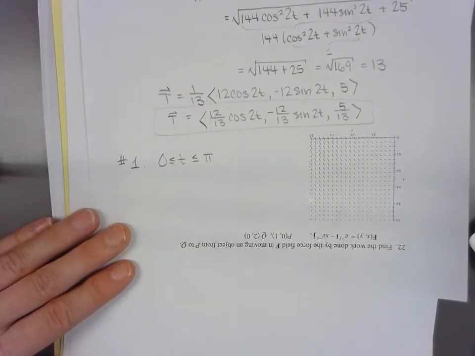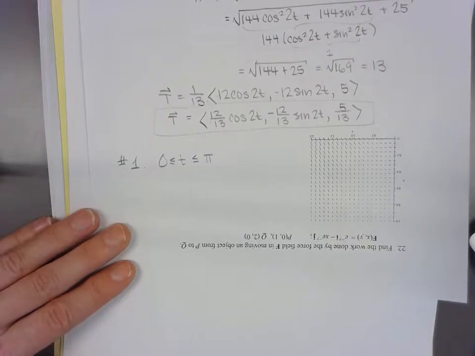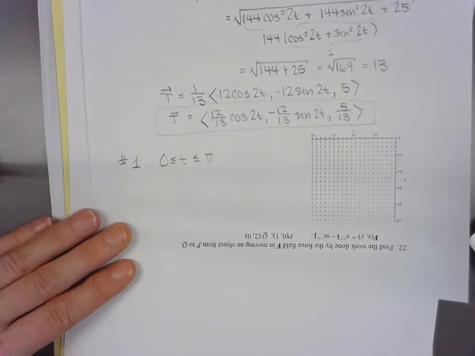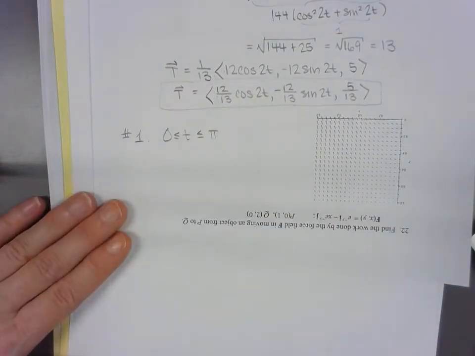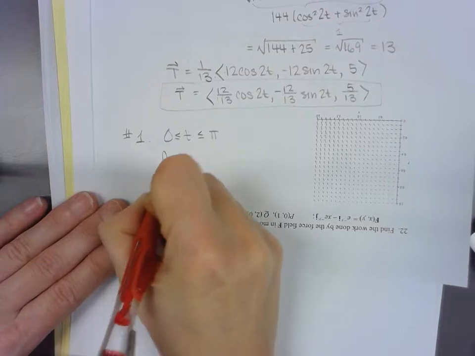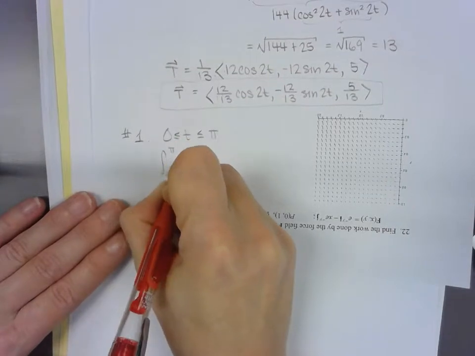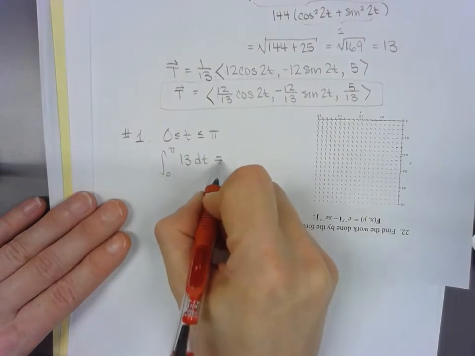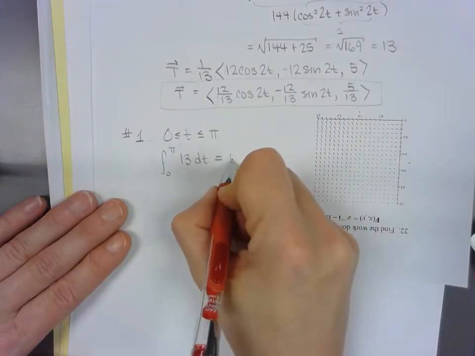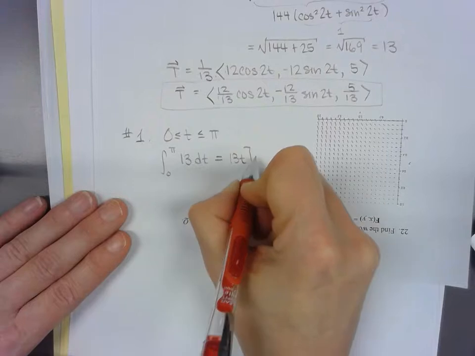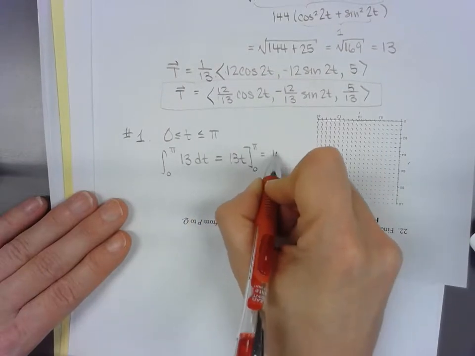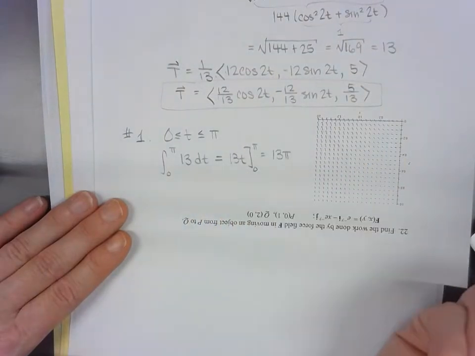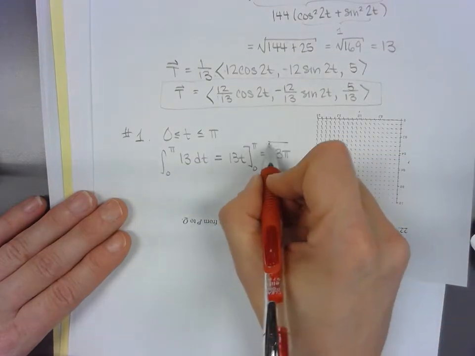We just did the square root of the sum of the squares of its components and got 13. So that formula reduces to the integral from 0 to pi of 13 dt. When you integrate 13, you get 13t from 0 to pi, so 13 times pi minus 13 times 0. The answer is just 13 pi.